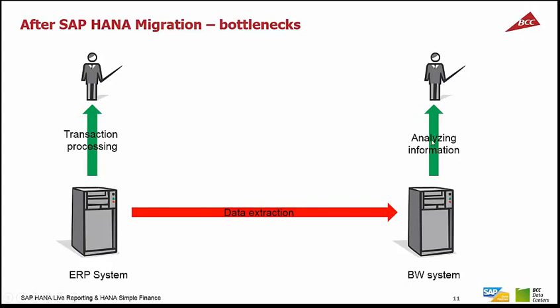In fact, it can be quickened sometimes by 100, 1000 times, so the users don't need to wait for the data anymore. But still we have a gap here. The data extraction, although it's quicker on SAP HANA, is not real time, so the users of the analytics system have to wait for the data to become ready for reporting.